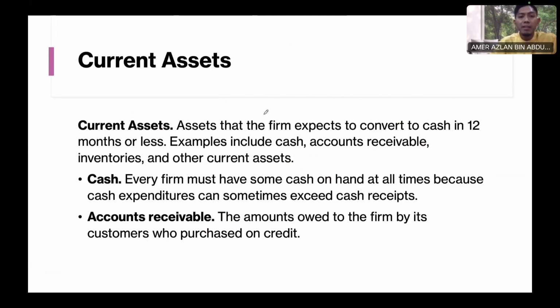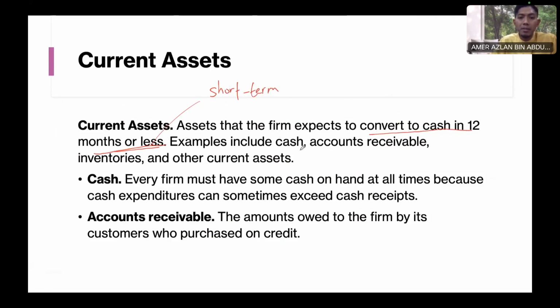What is a current asset? It is an asset that the firm expects to convert to cash in 12 months or less. So this is for the short term.